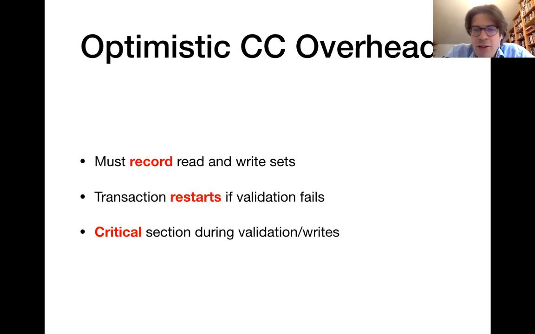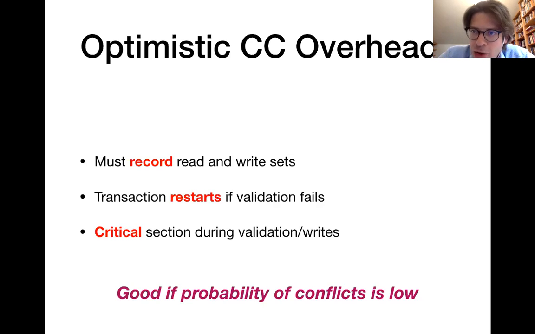Also, depending on implementation, there might be a critical section where I reduce concurrency because only one transaction can operate at the same time if it is in this combined validation and write phase, for instance. So there are pros and cons. Probably you want to use optimistic concurrency control in scenarios where conflicts are rather infrequent.